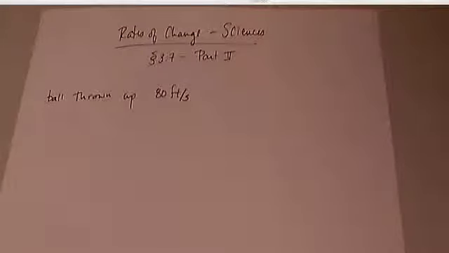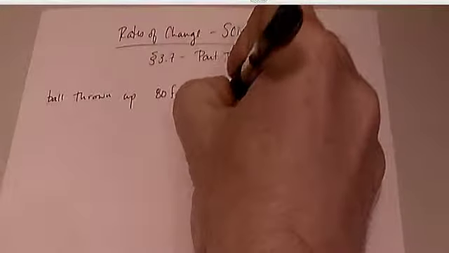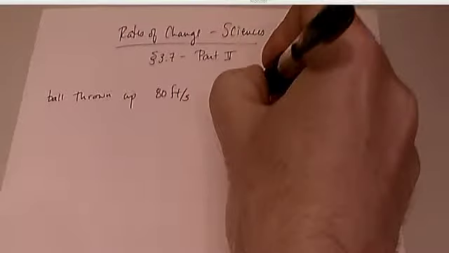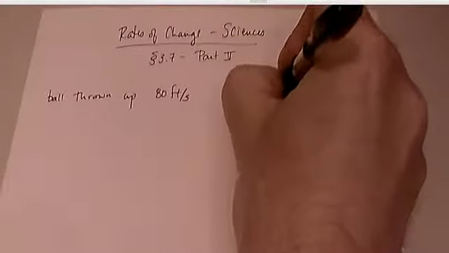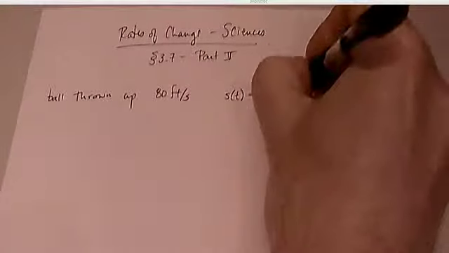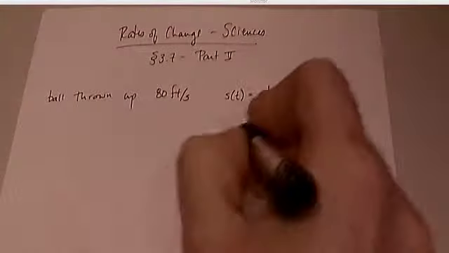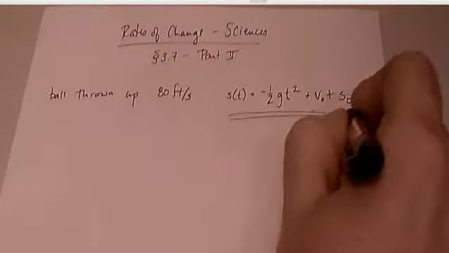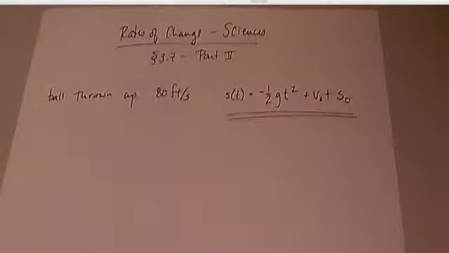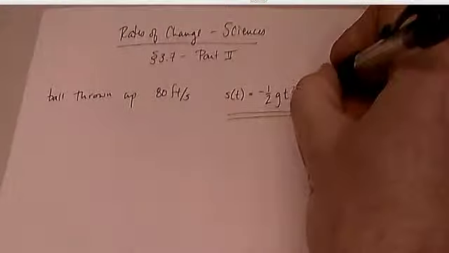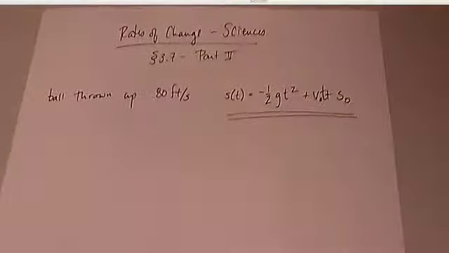Then it says, then its height after t seconds is, well, we should remember that this is, oh yeah, sorry, that's supposed to be a t in there as well.